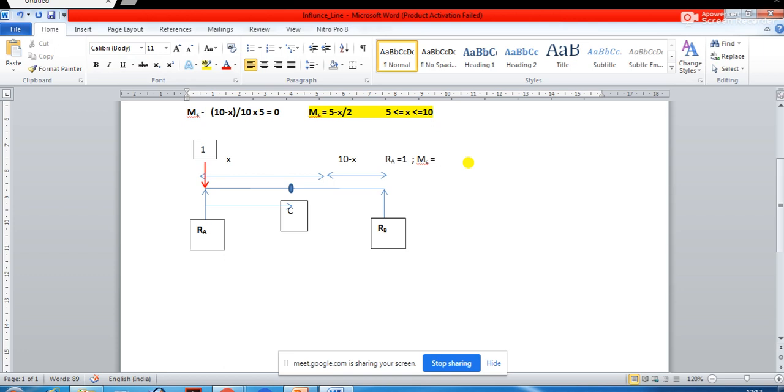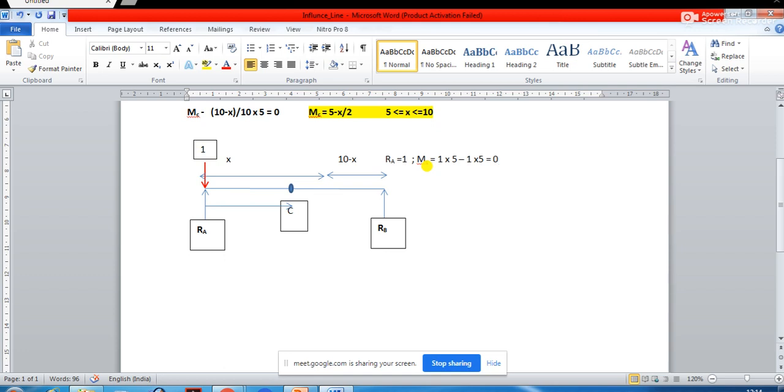So how much is RA? RA is 1, right? And what is the distance between this point and this point? This is 5 meter, right? So it is 1 multiplied by 5 minus 1 multiplied by 5, correct? Because the reaction multiplied by this distance is going to create a moment over here, and also this load acting over here, load multiplied by this distance, is going to create a moment over here.